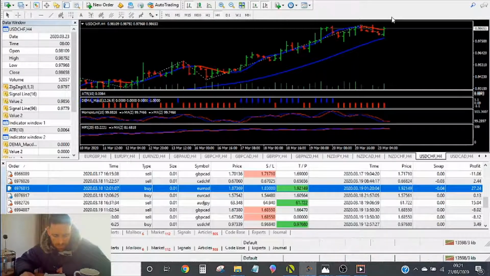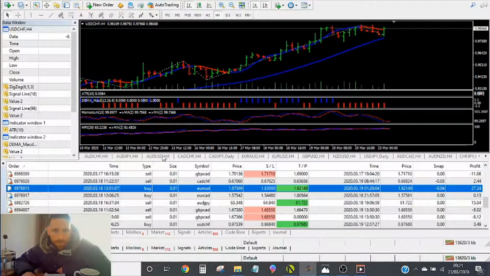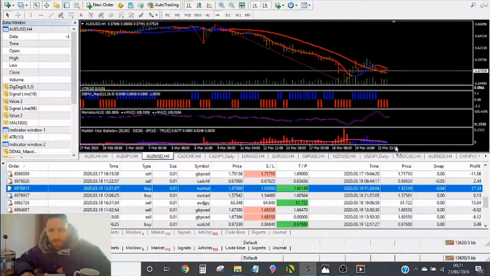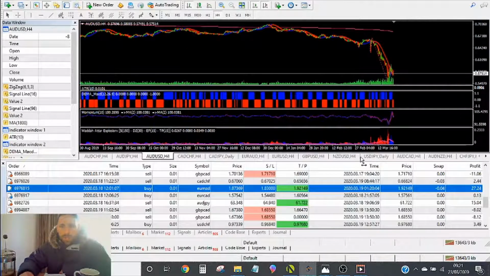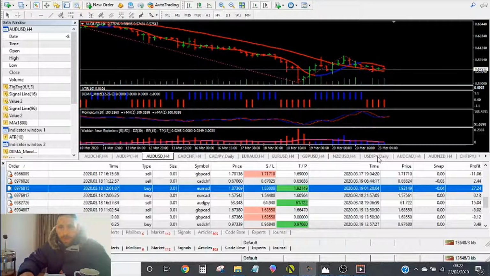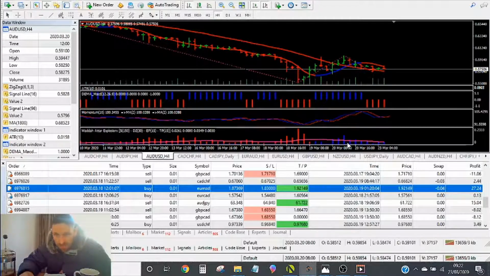Another losing trade that I've taken this week was on the Aussie dollar, which I will show you now. This was actually a reversal trade. We've been in a nice long downtrend here, and at the time all of my indicators started to show bullish volume.